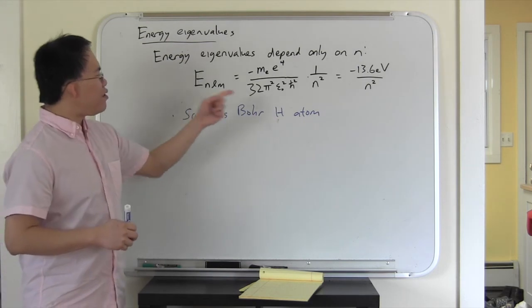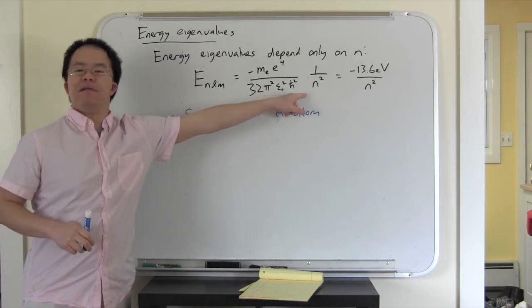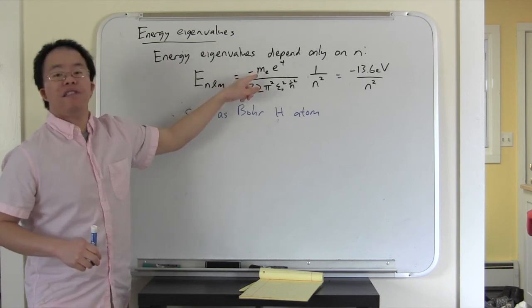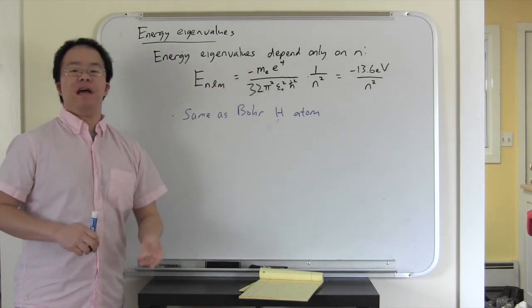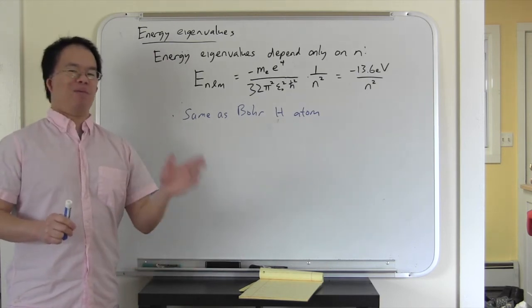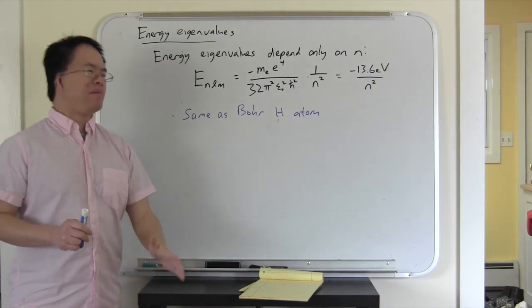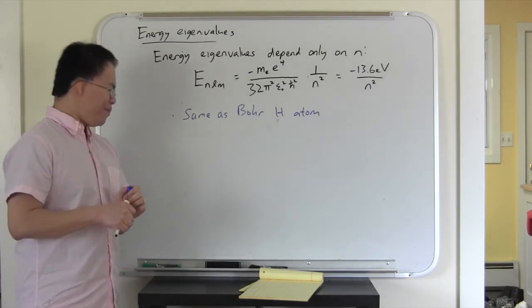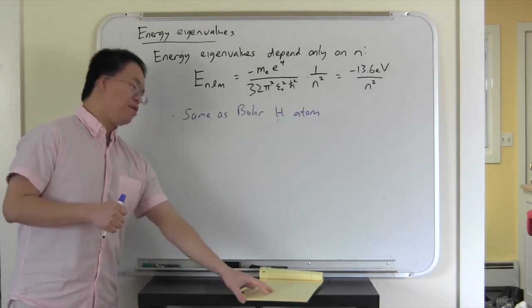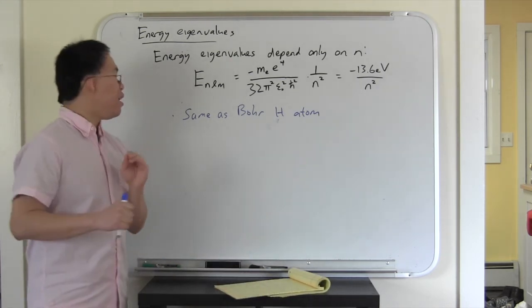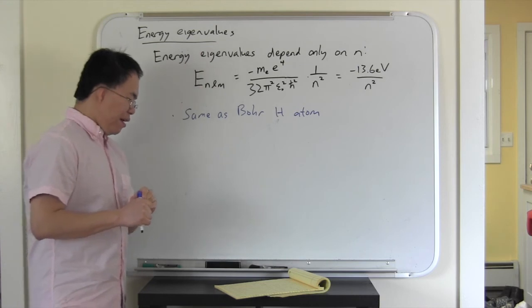So notice that this depends on 1 over n squared. I've written the electron mass here as m sub e, so that we don't mix up the electron mass with the quantum number m. Just FYI there. So a few things to notice. We pointed out that it's the same answer as the Bohr model gives.